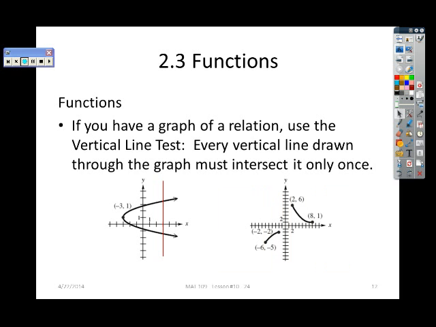But anywhere I draw it along in here, it's only going to touch once, or anywhere I draw it along in here, it's only going to touch once. So that is a function. A function does not have to be one continuous line. It can have gaps. It's called a piecewise defined function. So you can have that situation and still be a function. So don't require that it be one continuous line.